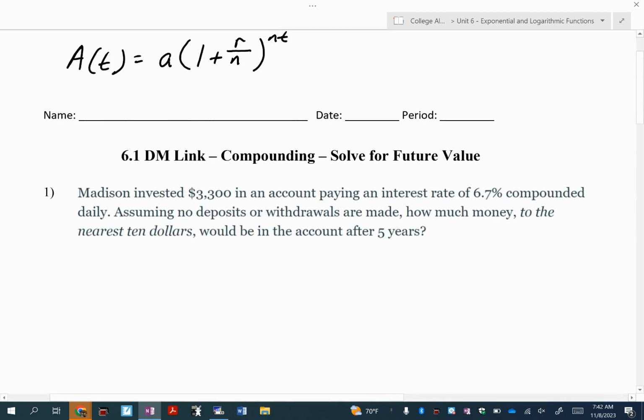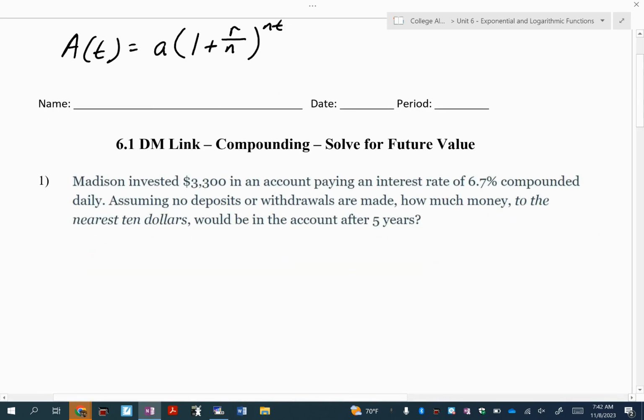Okay, so ready? Here's Madison. Madison invests $3,300 into an account paying an interest rate, so here's our R, compounded daily. So how often are they multiplying her amount of money in her account times the interest rate?